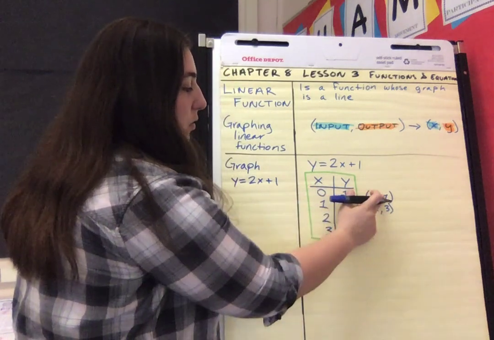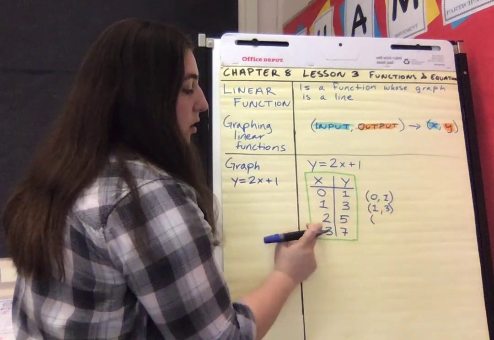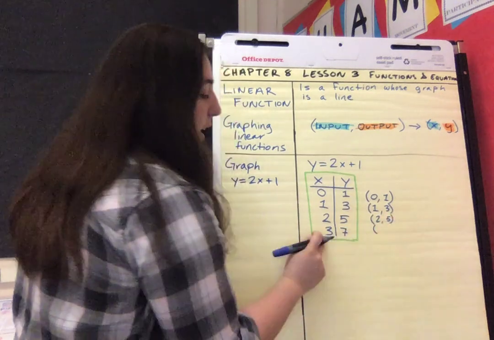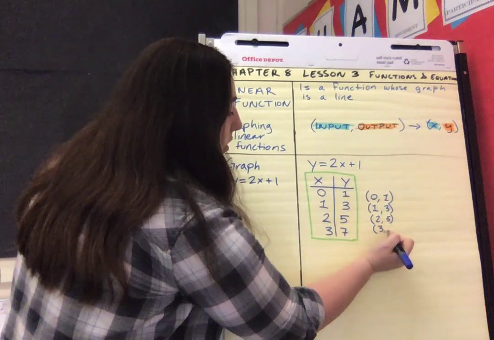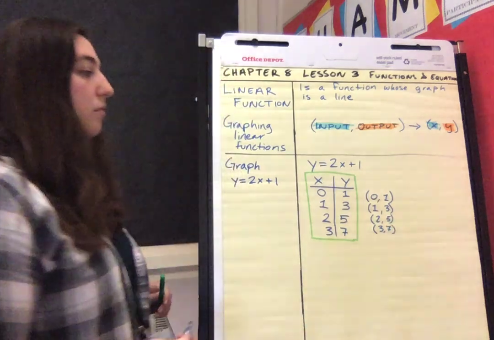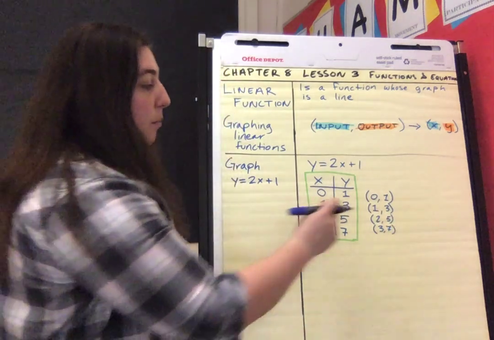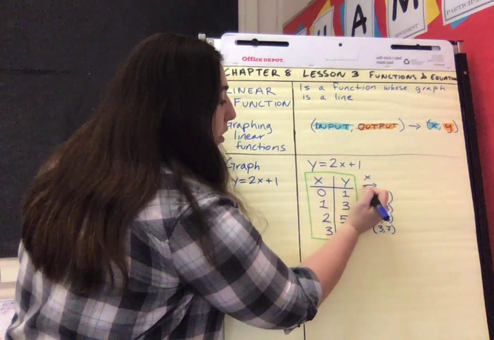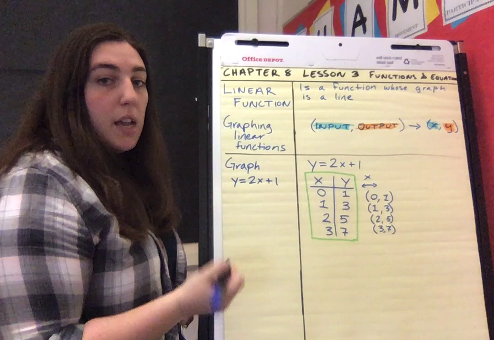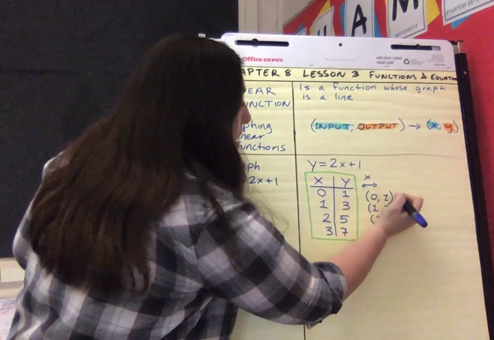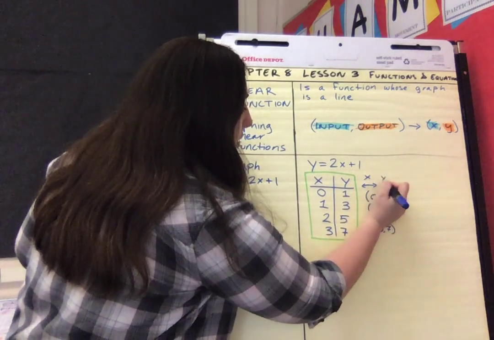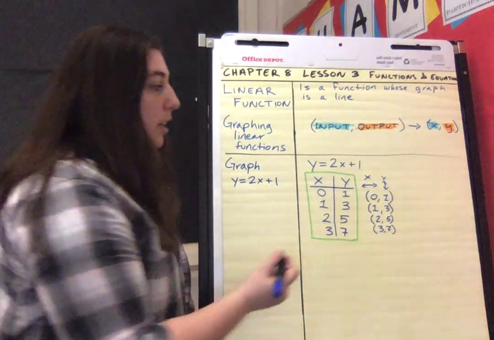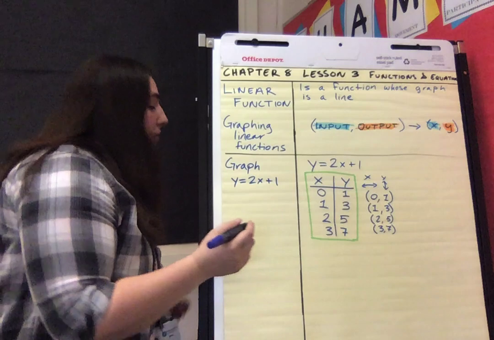So I did (0, 1), (1, 3), (2, 5), just making my ordered pairs. X goes first, then y. (3, 7). Now, before we start graphing, remember our x is going to go on the horizontal axis, and our y is going to go on the vertical axis. Okay, so here's my graph over here.